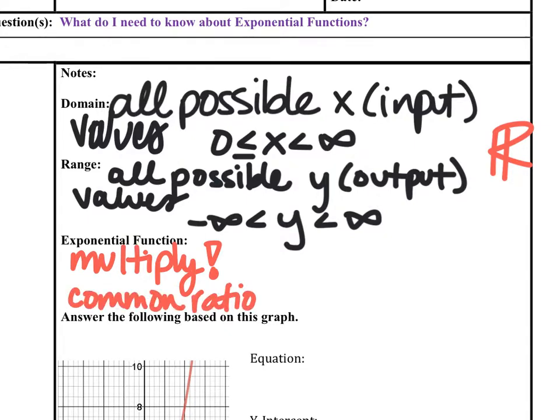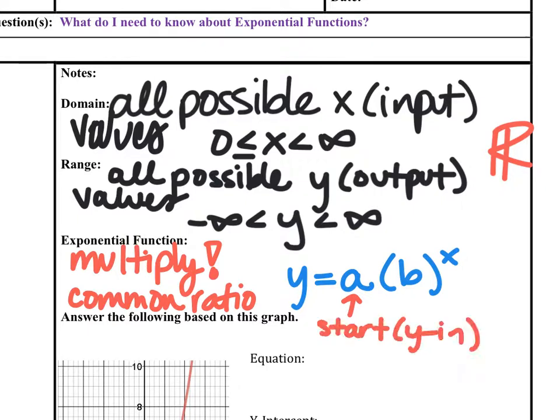The template we use for exponential functions is y is equal to a times b to the x, where a is our starting value, or the y-intercept, and b is the common ratio. So b is what we're multiplying by, a is where we start.